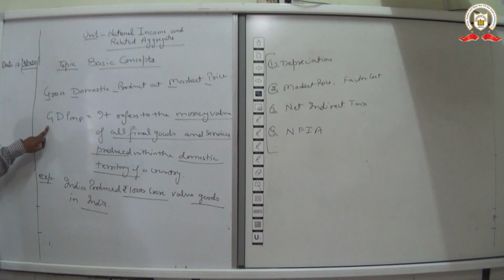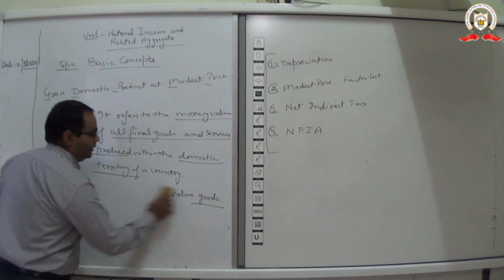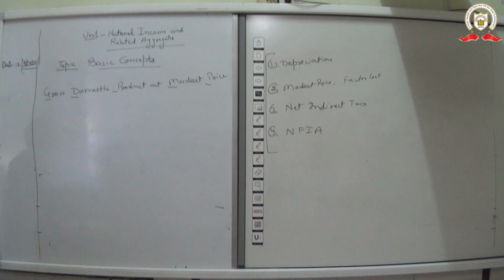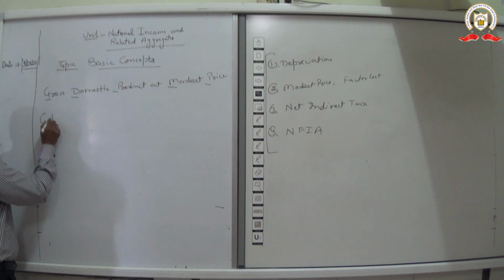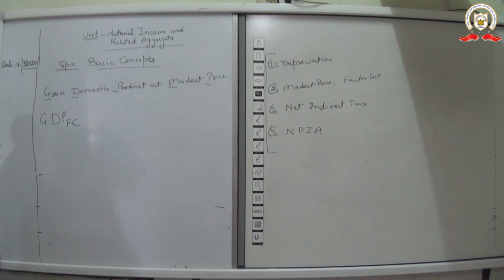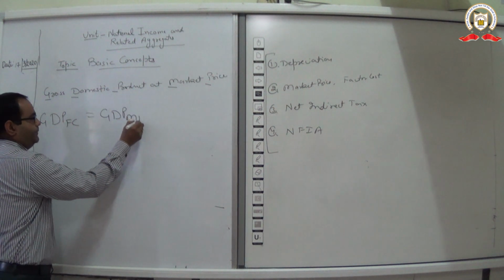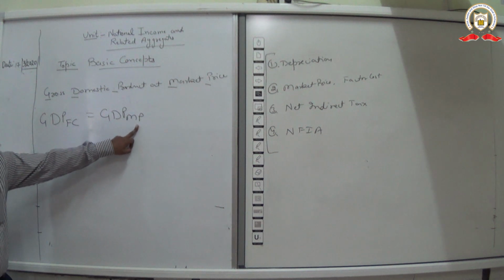Now, if I have to know what is GDP at FC, suppose I have to calculate gross domestic product at factor cost. GDP at MP is gross domestic product at market price.